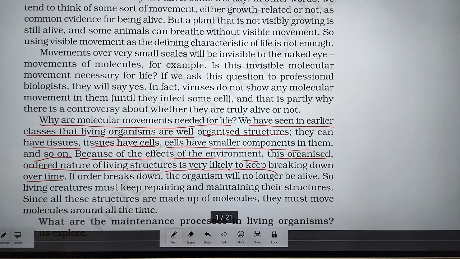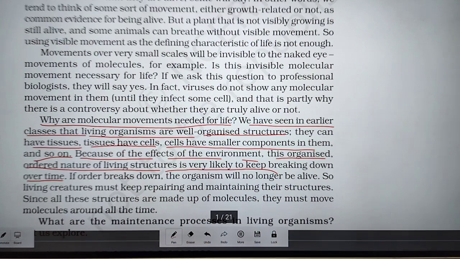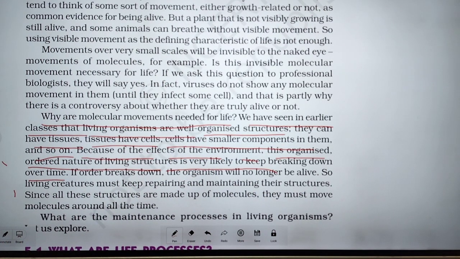Because of the effects of the environment, this ordered nature of living structures is very likely to keep breaking down over time. Okay, it means we know that this is the structure of all living organisms.